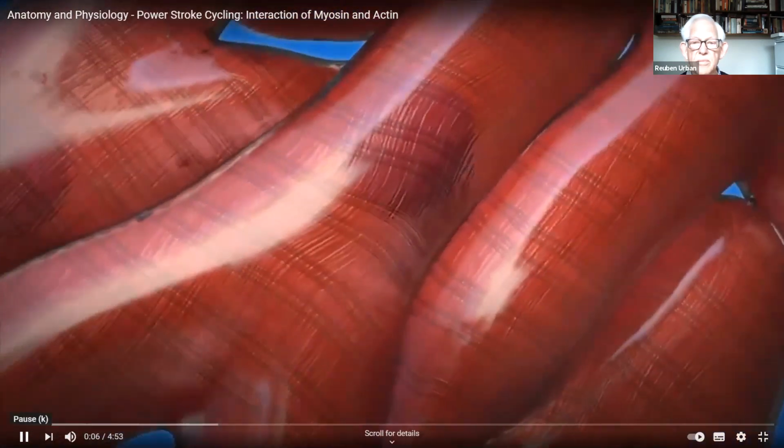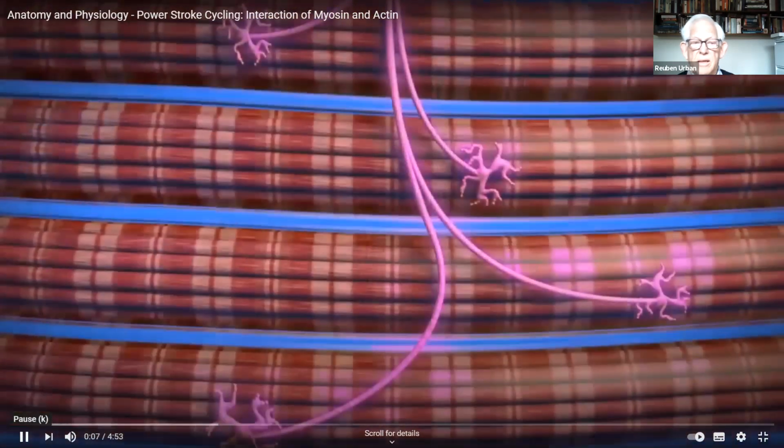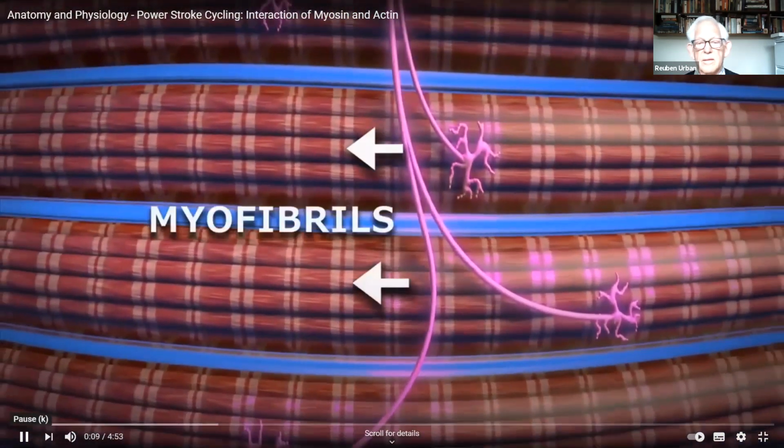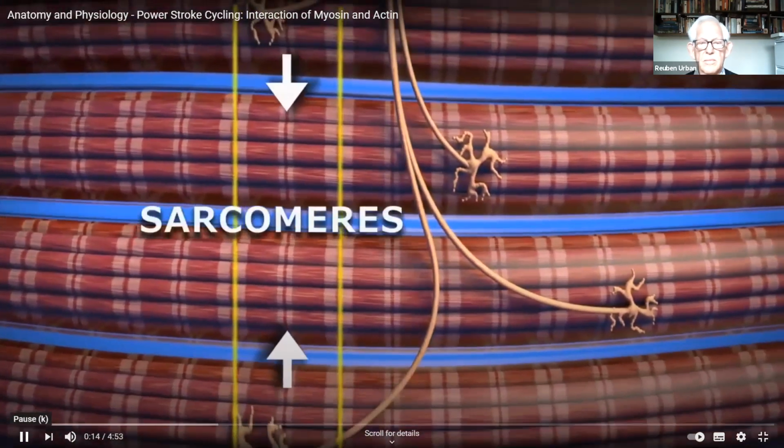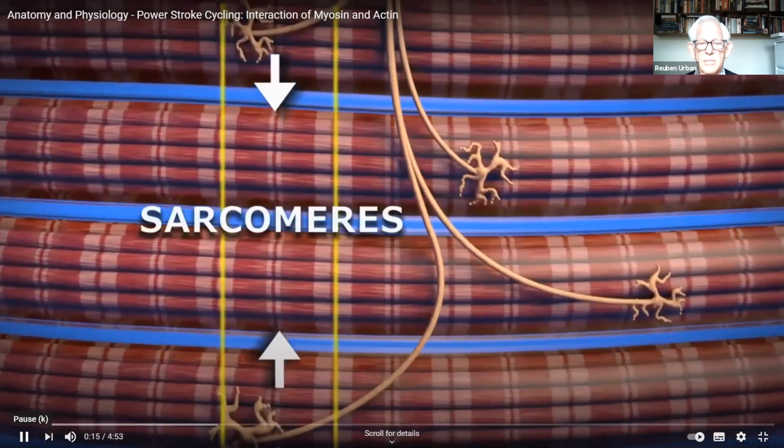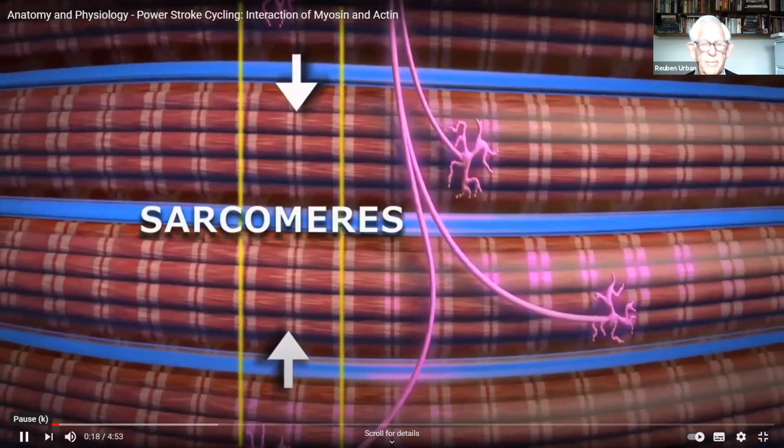Muscle cells are comprised of protein cylinders called myofibrils, which are composed of multiple sarcomeres, short structural units arranged end to end within the myofibril.